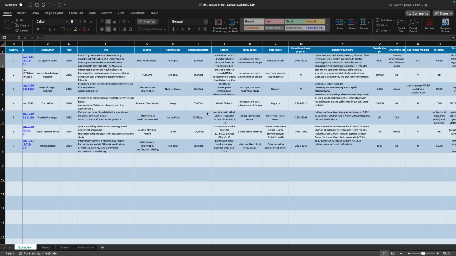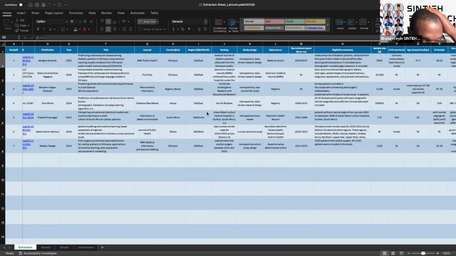For example, this one was the UK Biobank, which is not sub-Saharan Africa, but they did their internal validation for Kenya. So that particular study got me very confused. Yeah, that was very intentional for you guys to have it inside.